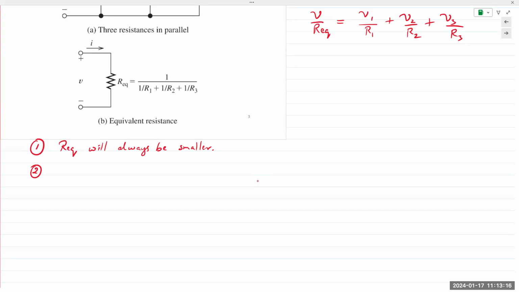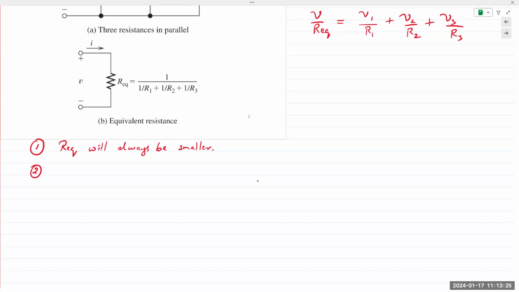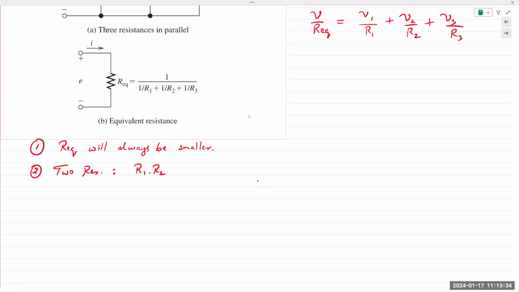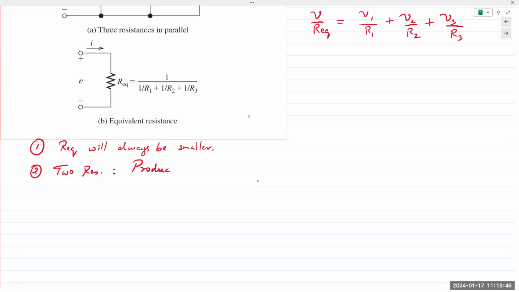Okay, second point. And this comes straight from this equation right here. If you have two resistors in parallel, a shortcut calculation is that it would be the product of the two divided by the sum of the two.